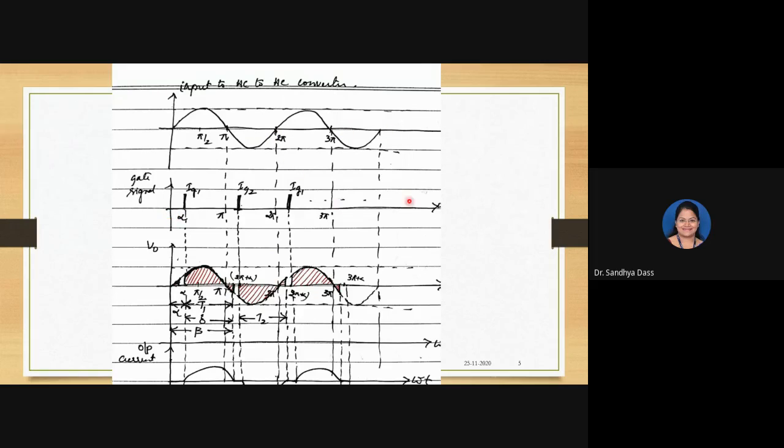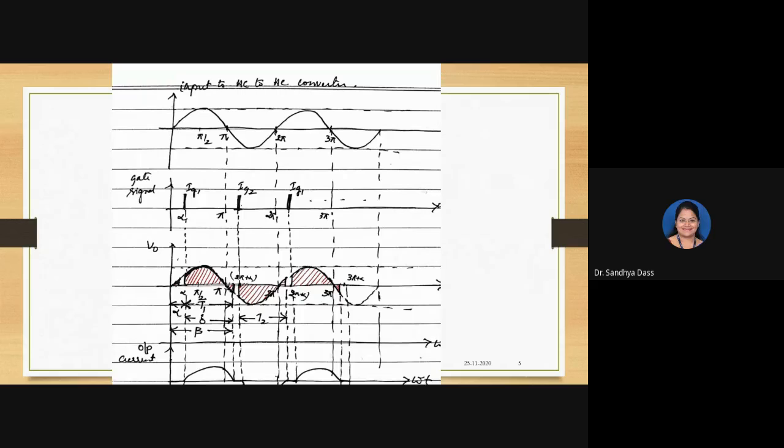And in the second waveform, what you have here is the gate pulses. I have not shown them separately for thyristor 1 and thyristor 2; I have shown them in a single waveform pattern as the gate signal.